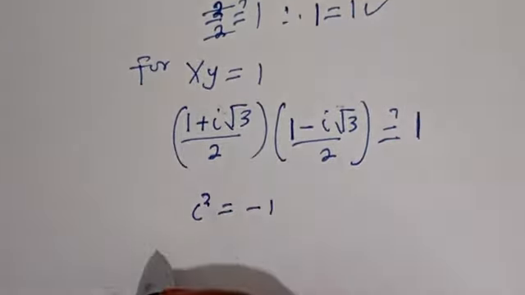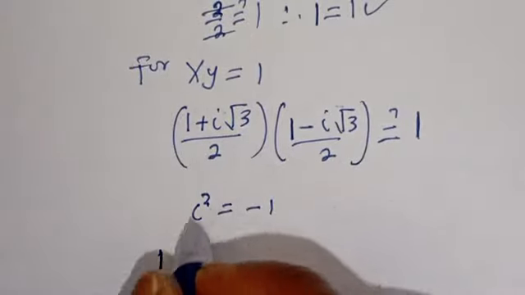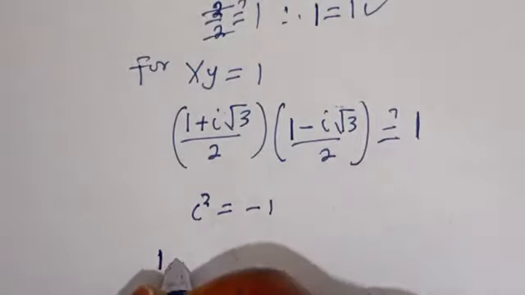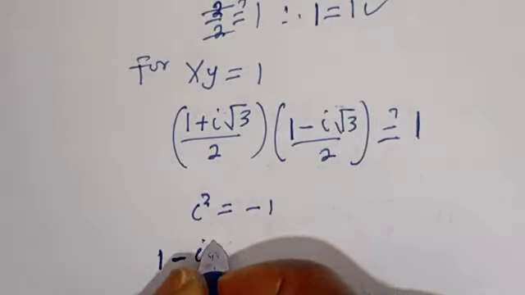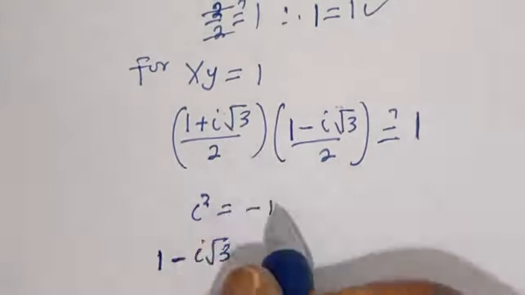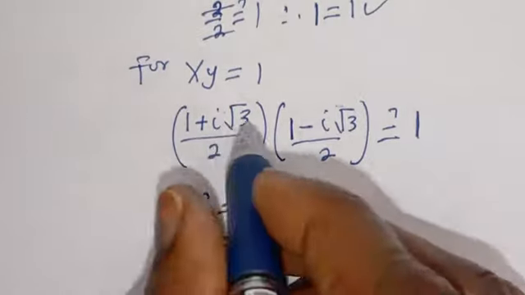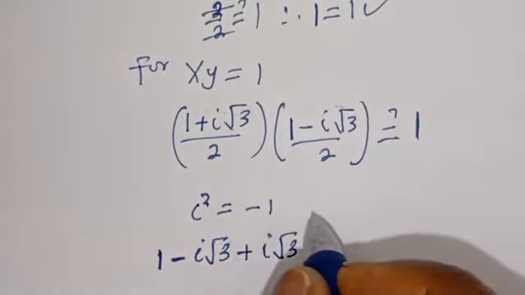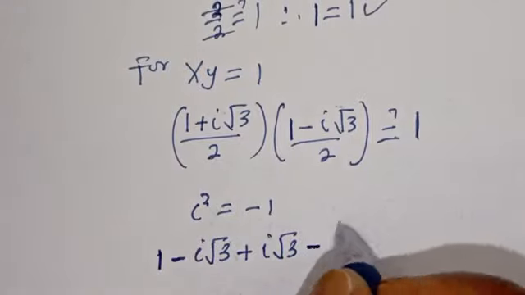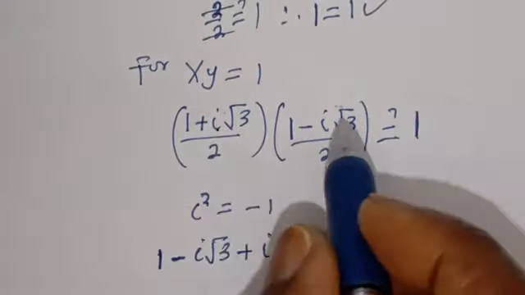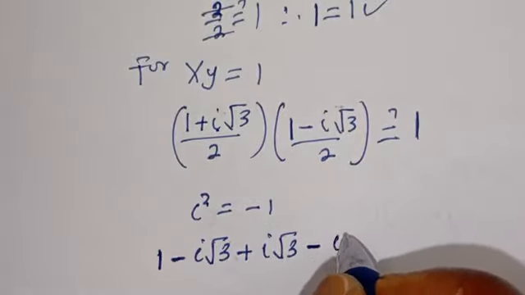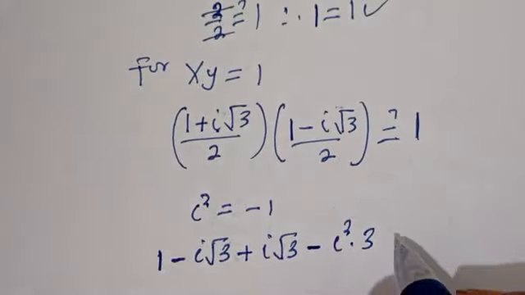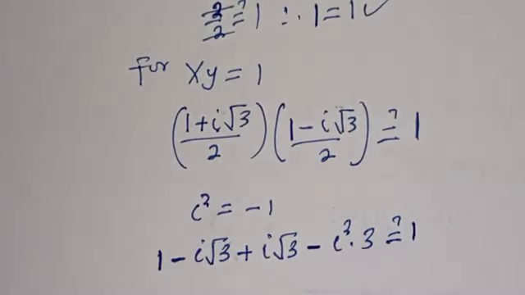So the whole of this can be written as 1 times 1, that is 1. Then 1 times minus i root 3, that is minus i root 3. Then plus i root 3 times 1, that is i root 3. Then here will be minus, here is i times i, that is i square, multiplied by root 3 times root 3, that is 3, must be equal to 1.